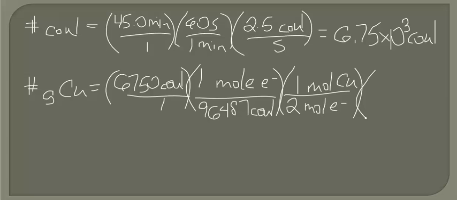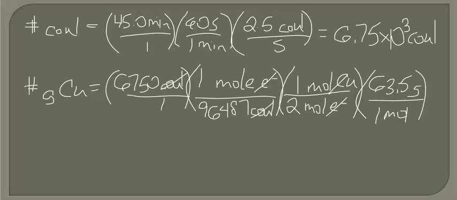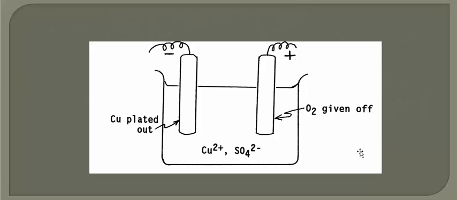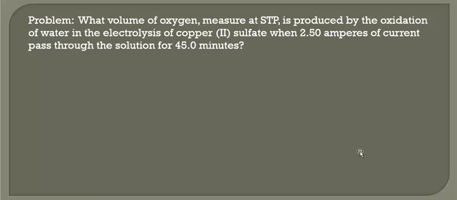And we know that copper's molar mass is 63.5 grams per mole. And you can see how these units all cancel out. So the mass of copper that will be plated out is 2.22 grams. So that's how much copper will be plated out for 45 minutes.